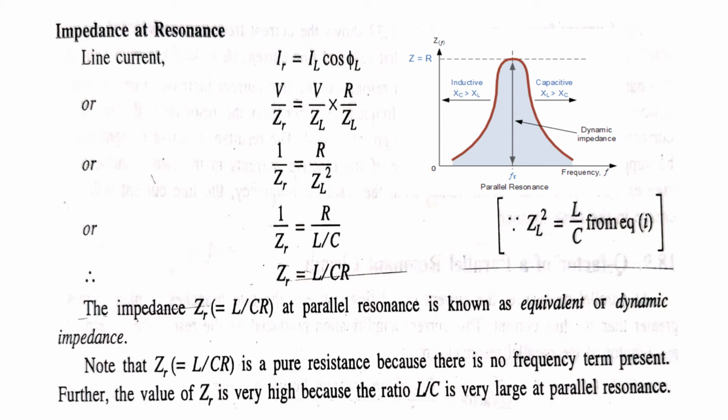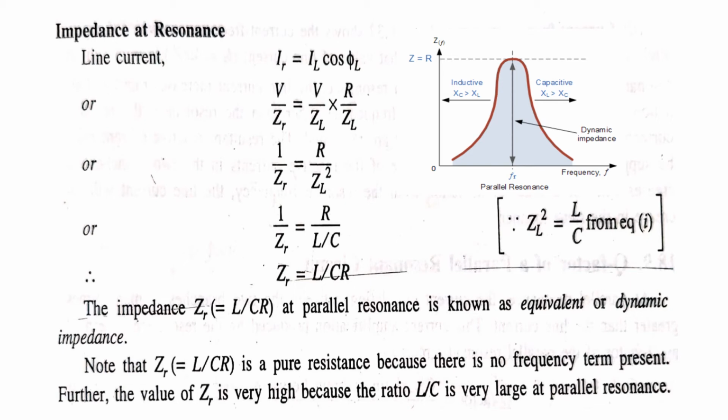So the impedance ZR equal to L upon CR at parallel resonance is known as equivalent or dynamic impedance. Note that ZR is a pure resistance because there is no frequency term present. Further, the value of ZR is very high because the ratio L upon C is very large at parallel resonance.